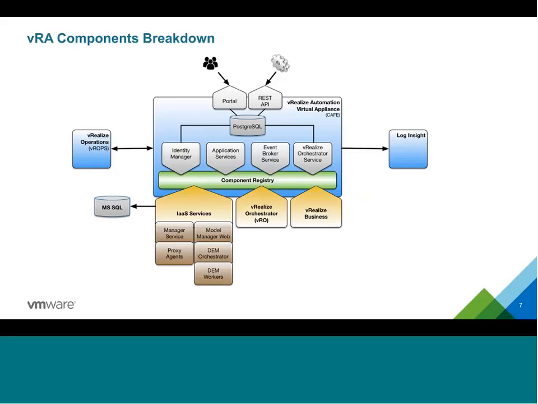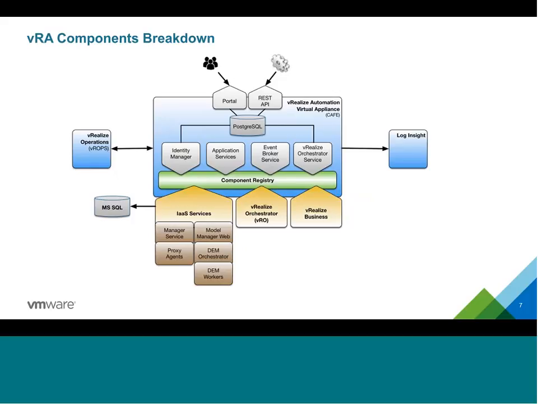It manages all the different services that are in Cafe. So it talks to Identity Manager and the other services. For IaaS services, we have Manager Service, Model Manager with Proxy Agents, DEM Orchestrator, and DEM Worker. I will go ahead and talk about the details of each and every component.